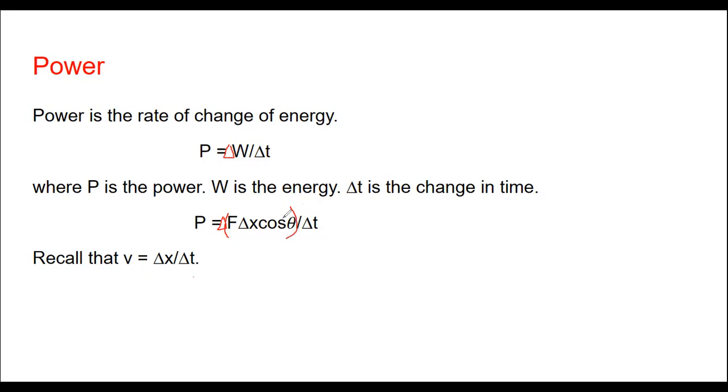All right. And if your force is constant, you could write it as F delta x cos theta divided by delta T. Sorry about that, I got a little bit confused there.